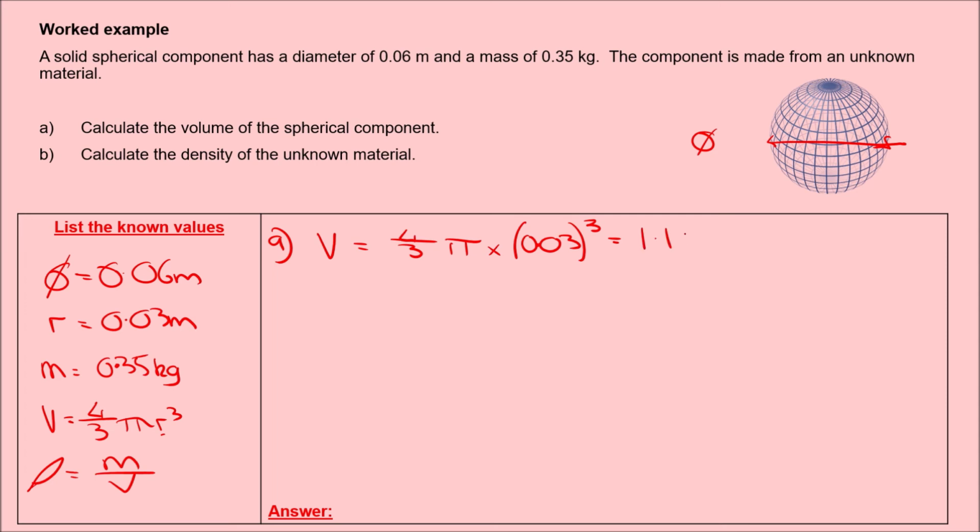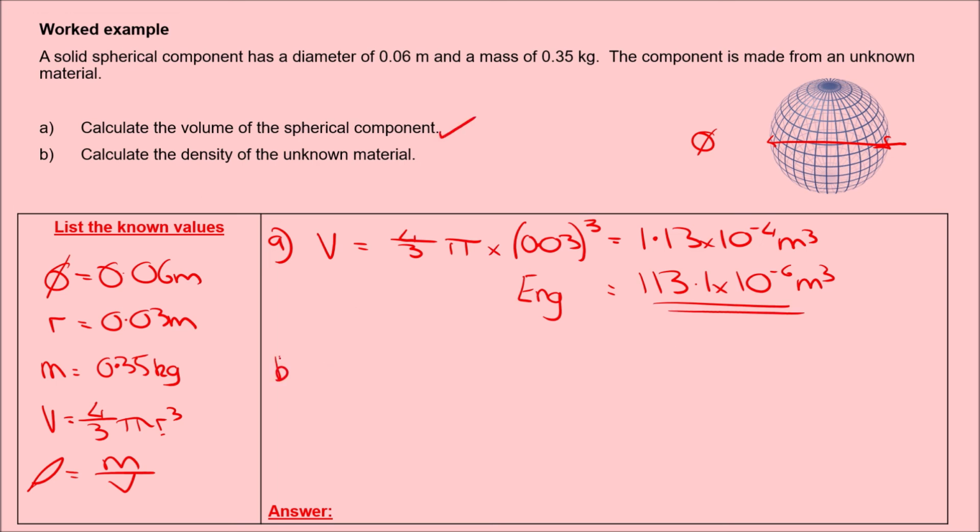You get 1.13 times 10 to the minus 4 meters cubed. Now again, hit your ENG button to take it to standard form, and then I'll get 113.1 times 10 to the minus 6 meters cubed. Alright, so I've got my volume built in.